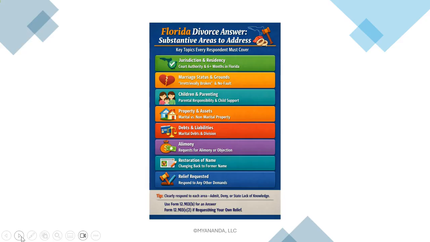And then the relief requested is responding to any other demands presented in the petition, all of which need to be responded to. So be clear. Remember the 3 ways that you can respond: admit, deny, or state lack of knowledge, and then use the correct form for an answer versus a counter petition.